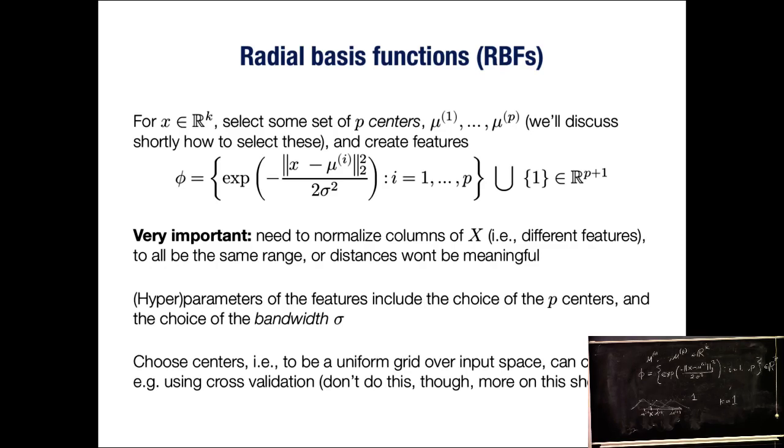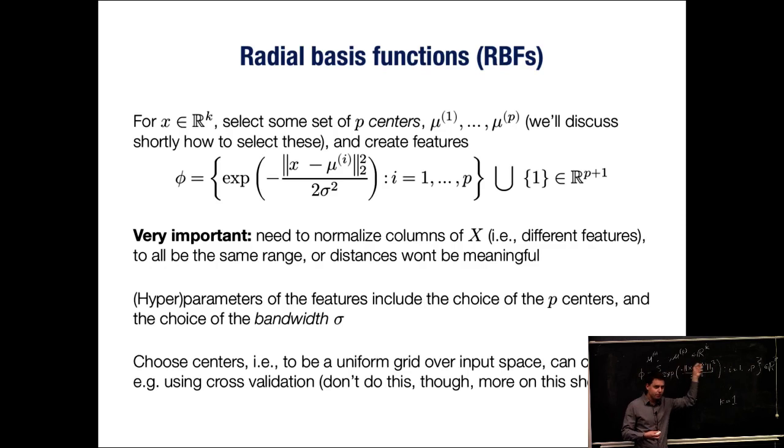The idea here is that for very small sigma, if this thing is really small, then that will make this inside term big, even when the distance is relatively close. So if sigma is small, this term inside the exponential gets very largely negative for even points that vary a little bit from their center.